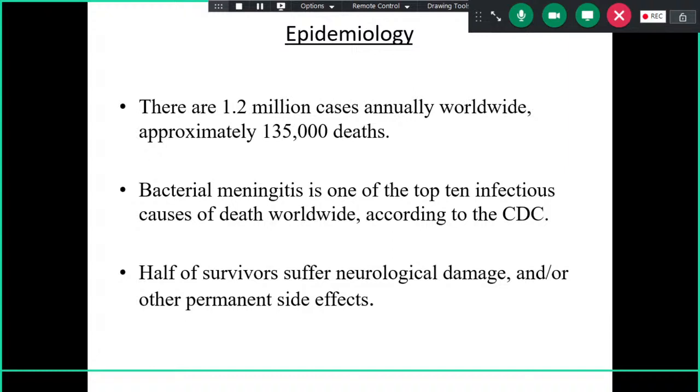You will also have to understand that about 30 to 40% of these individuals who suffer from acute bacterial meningitis will invariably land up with certain neurological damages, whether it be facial palsy or weakness in the limb or slurring of the voice, etc. So a significant proportion of these individuals who recover from acute bacterial meningitis will have some neurological damage if the individual is not diagnosed immediately and treated properly.